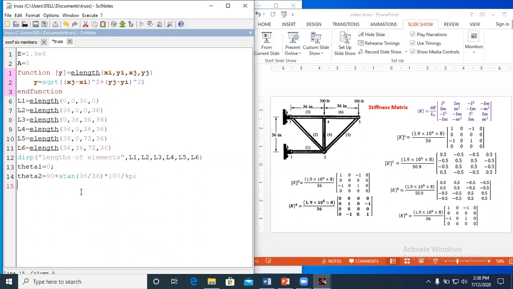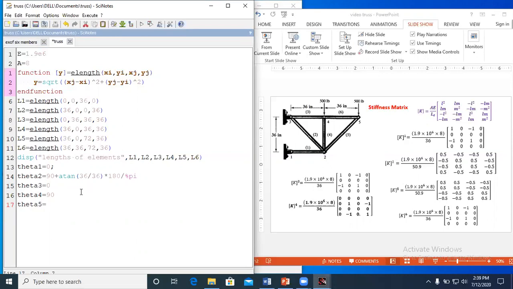Now next one, theta 3. Theta 3 is 0 again. Next, theta 4. Theta 4 is 90. Next, theta 5.